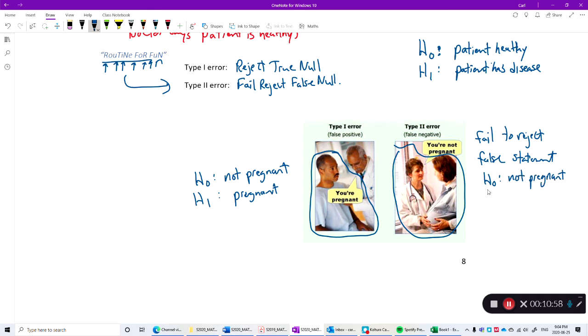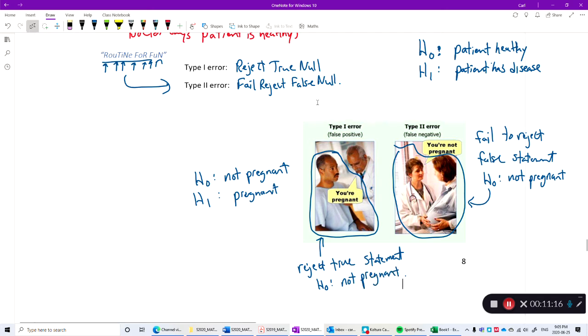Whereas this one is rejecting the true statement that H0, you're not pregnant. Okay, I don't know if that helps. Everything about these words is tricky, so even the ways to remember it are tricky.